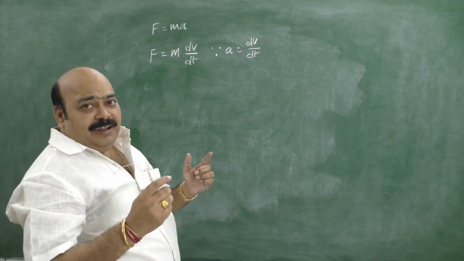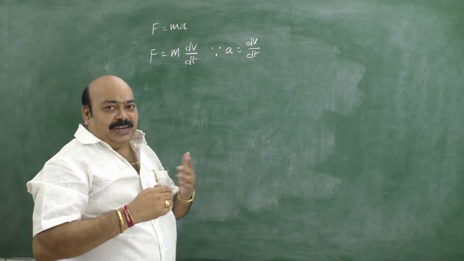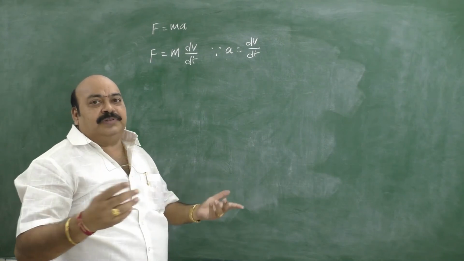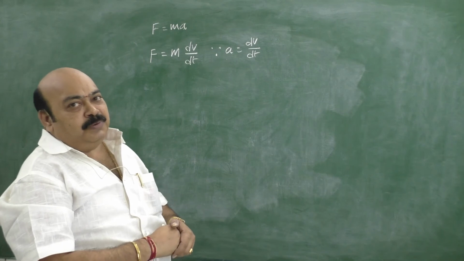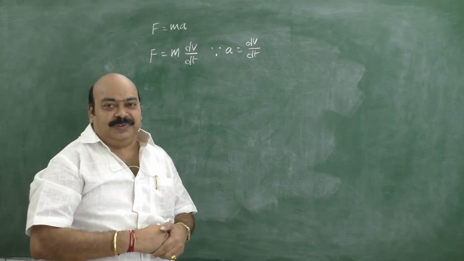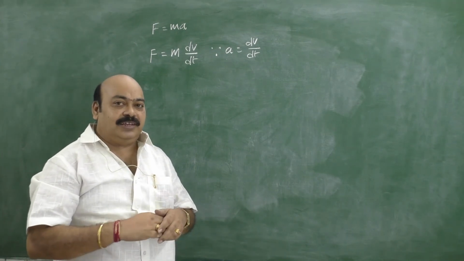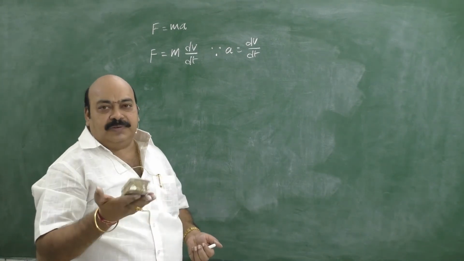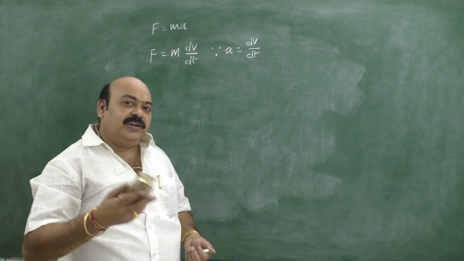Then the ultimate question is, sir, what happens if mass varies? Is there a possibility for variation of mass? First think over in which cases mass will be varying. For example, if you consider this body, the mass will be constant. Definitely it is possible.